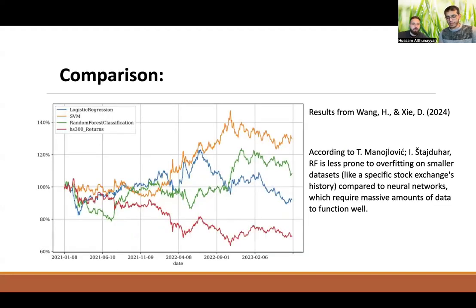And we compared these results with other papers, for example, from Wang and Shi, and they found that the random forest model was performing better than logistic regression.